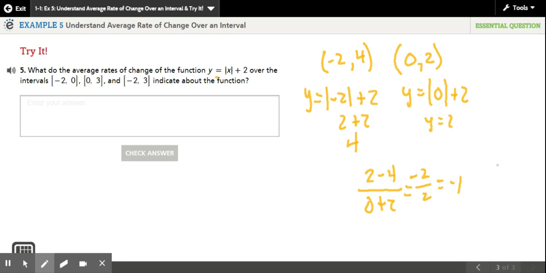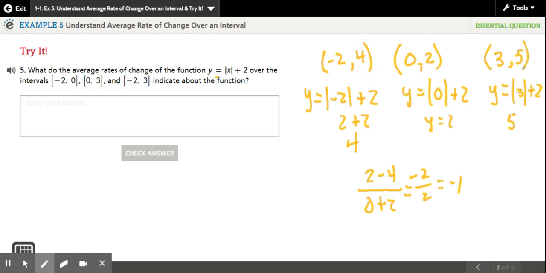Okay, I'm going to do the same thing from 0 to 3. We already know the ordered pair at 0, so now we just need to figure out the ordered pair at 3. So when x is 3, what's the y value? I'm going to substitute 3 in for x like we have before. So y is equal to the absolute value of 3 plus 2. Absolute value of 3 is 3, and 3 plus 2 is 5.